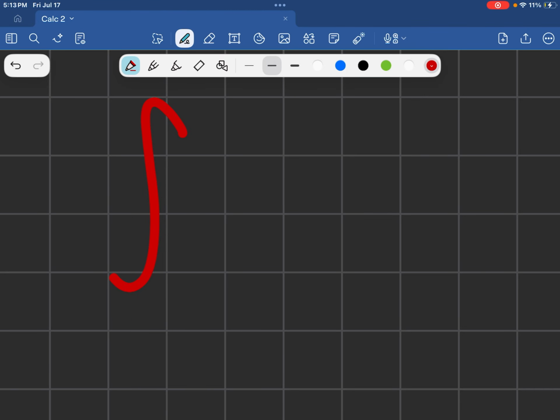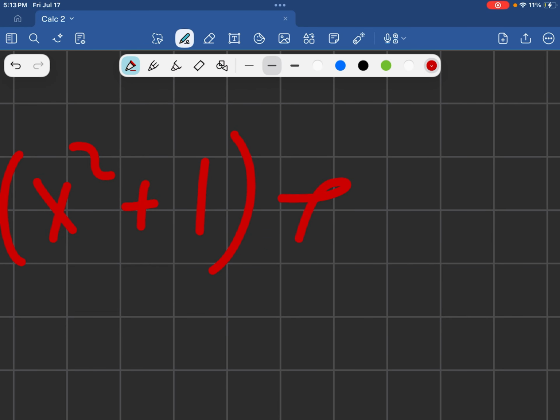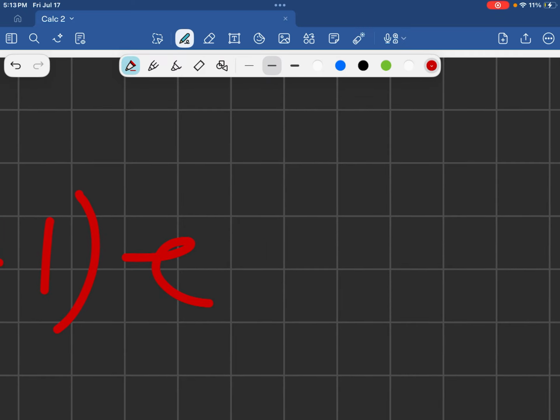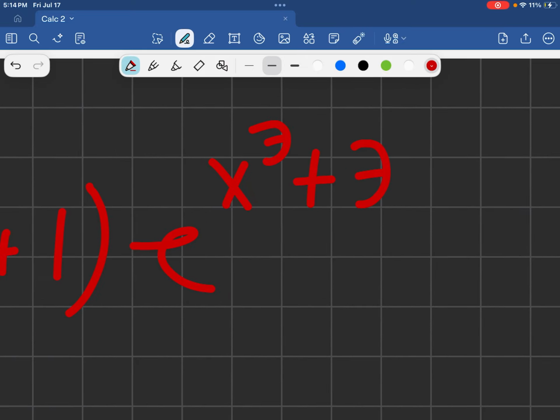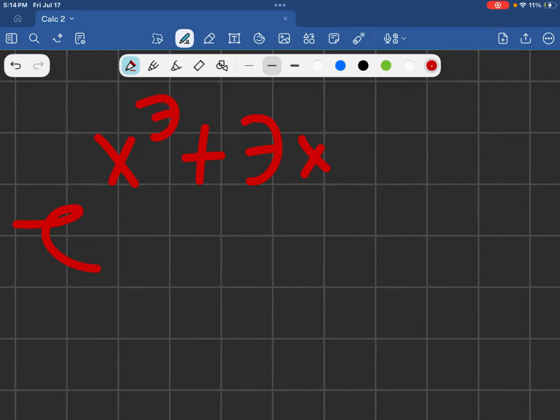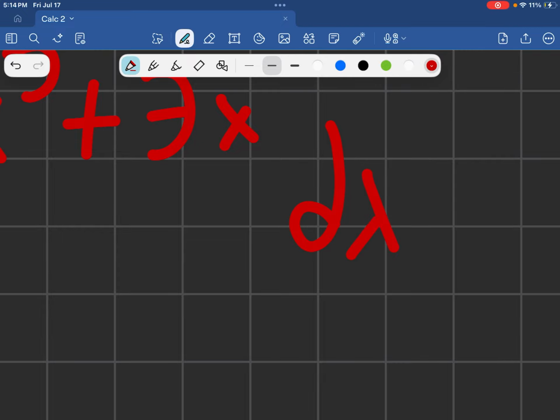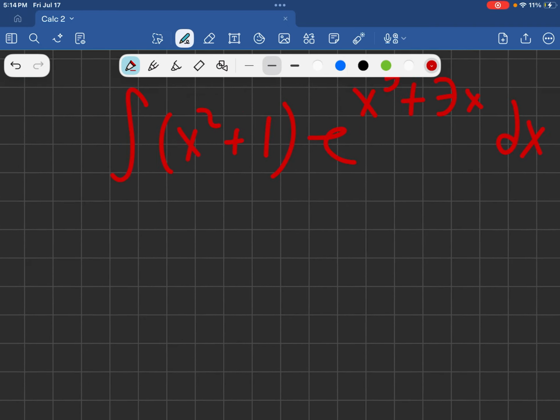Integral of x squared plus 1, and then e to the x cubed plus 3x, and then take the integral with respect to x.